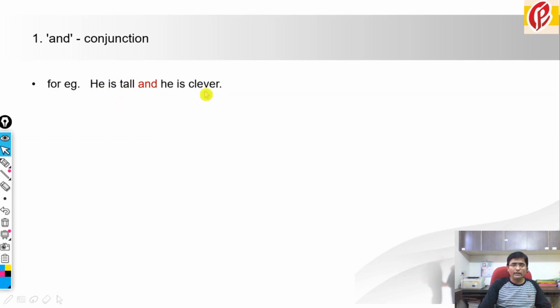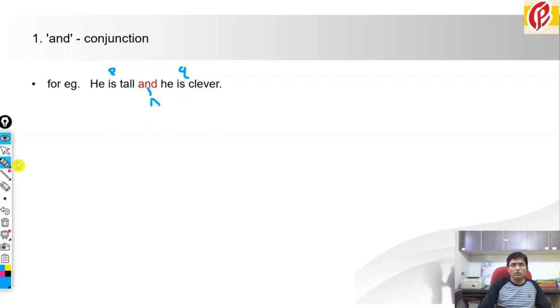Now how to write this statement in the symbolic form? Suppose he is tall is P. Statements are denoted by the small letter. Suppose this is P and this is Q. And this is the symbol of and.